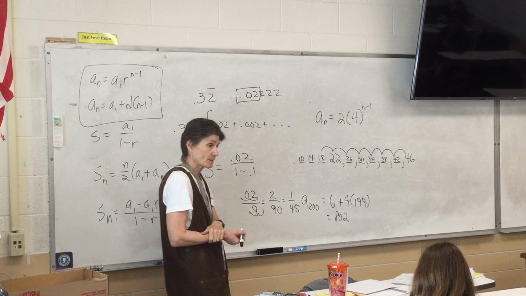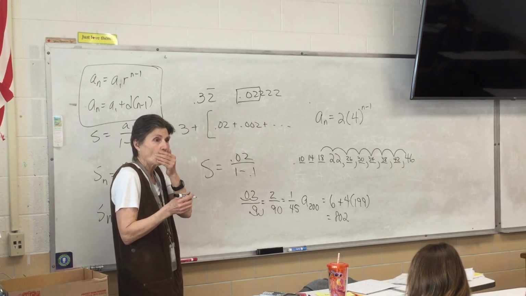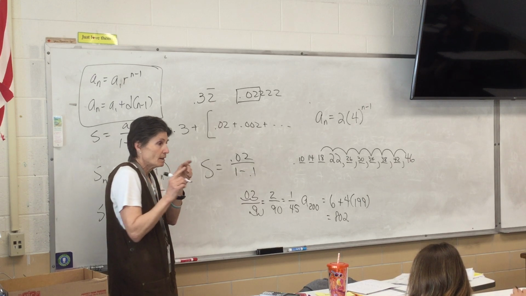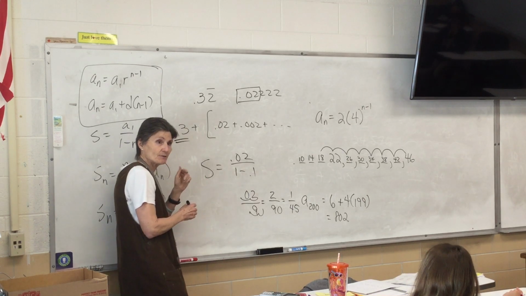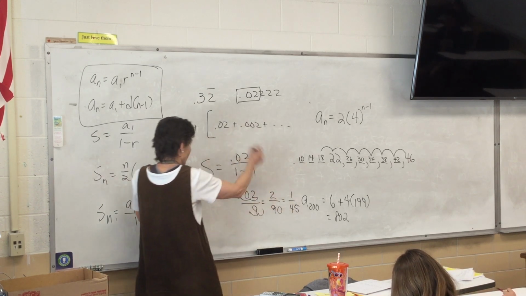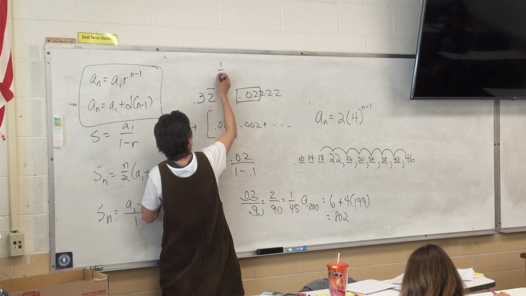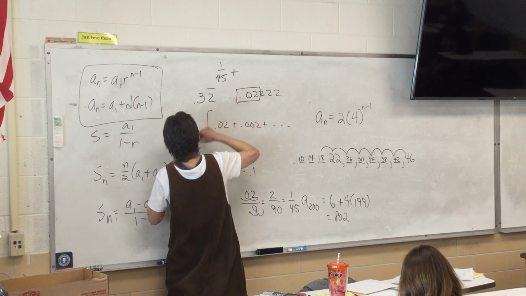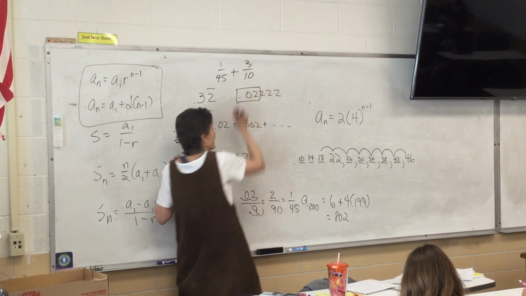Let's check it. Oh, wait, I'm not done. Oh, shoot, what did I forget? I've got to add him in, don't I? So this is just the decimal part. I need to take my 1/45 and add my 3/10.